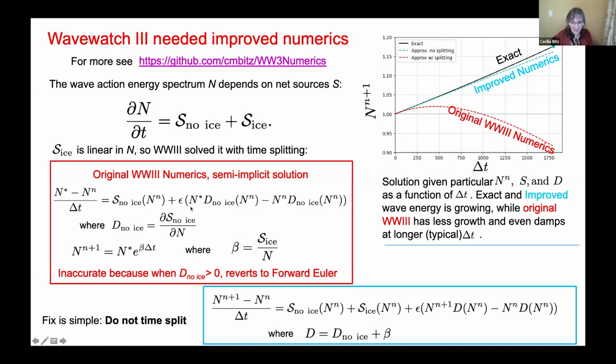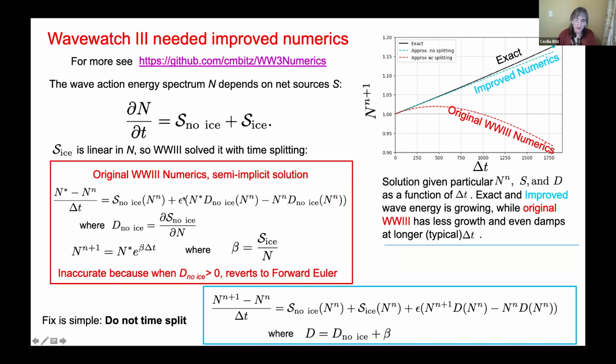But it worked out that if we actually combine this source back into the first step, we got a much more accurate solution. And the main reason is because this quantity D, the derivative of the source with respect to the wave action energy, is less positive.